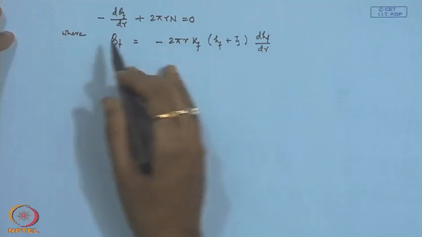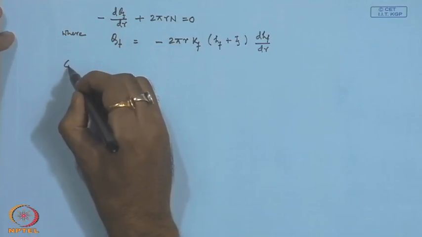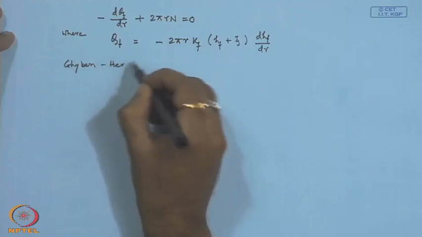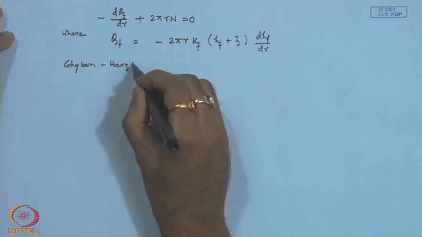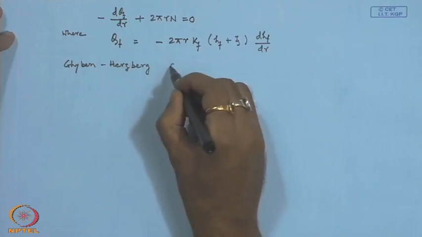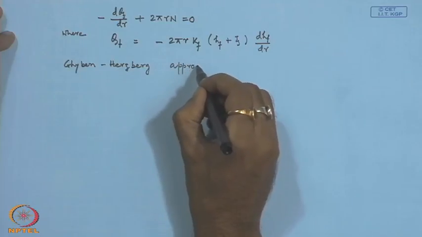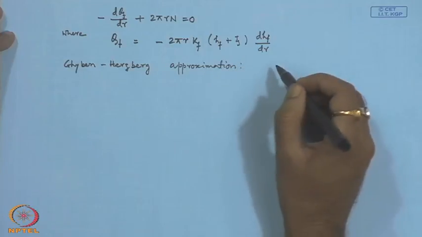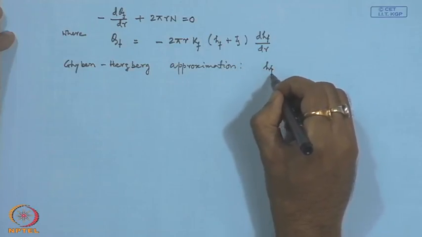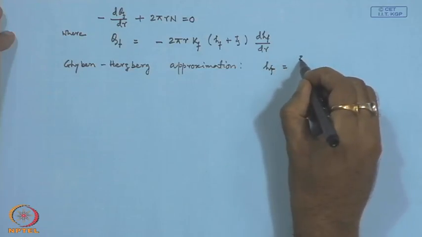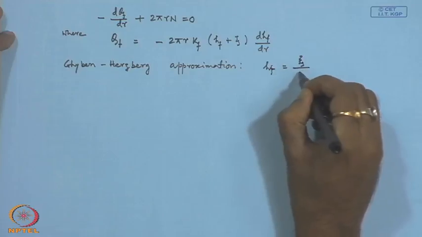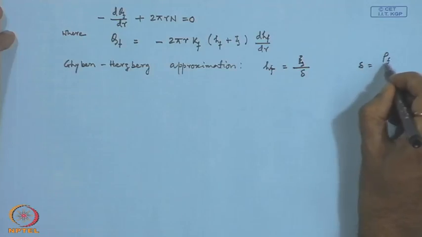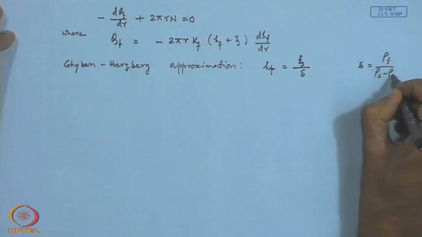So, in this case also we will utilize our Ghyben-Herzberg approximation. With Ghyben-Herzberg approximation, we have Hf equals to xi by delta, and delta is our rho f by rho s minus rho f.